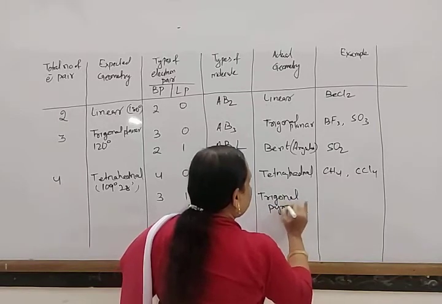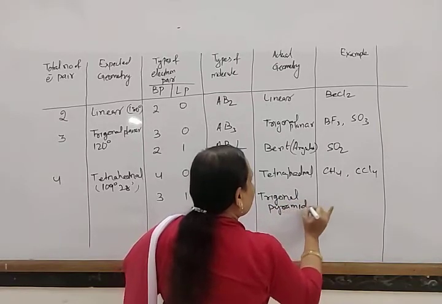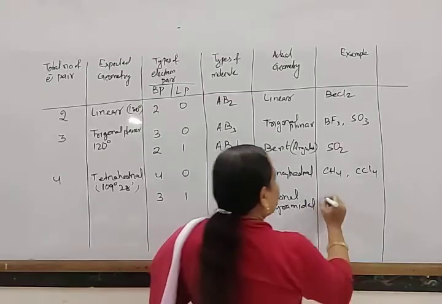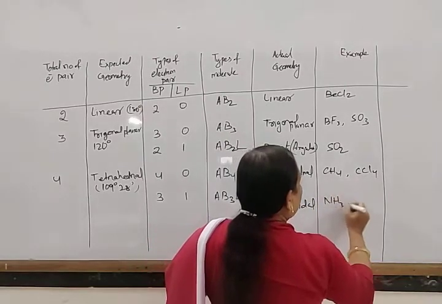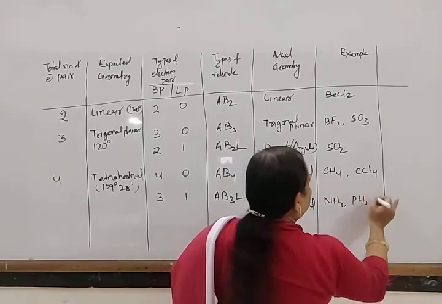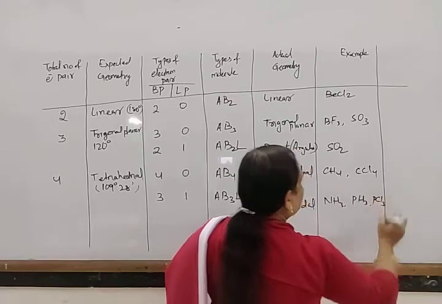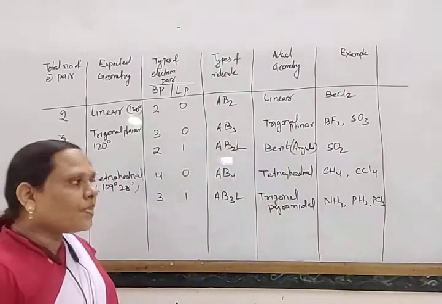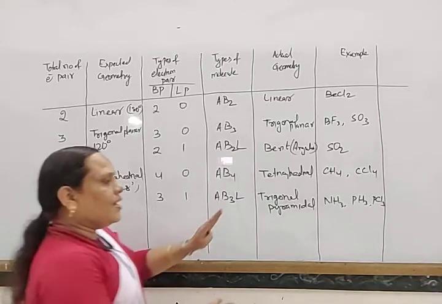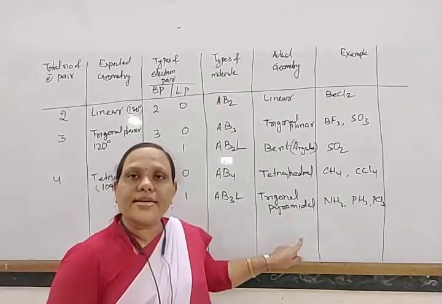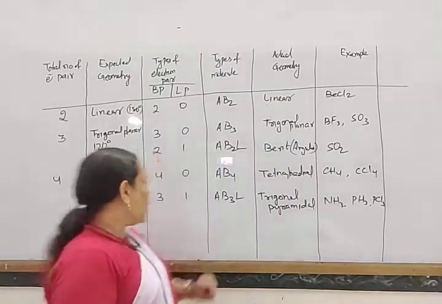Example molecules are ammonia, phosphine, phosphorus trichloride, etc. And the bond angle is less than 109 degrees 28 minutes.